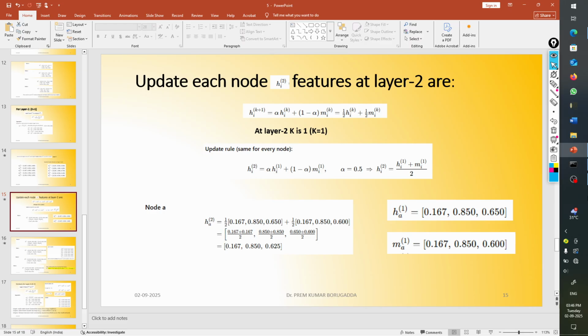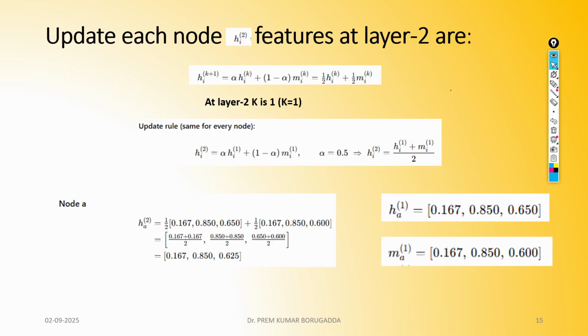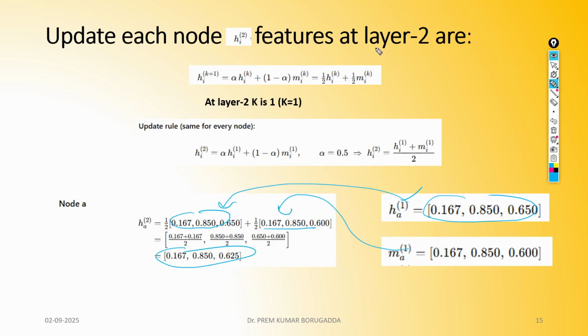In the previous slide I calculated these values, HA1, this value 0.167, 0.85, 0.65. I am taking these values here and calculating the updated value at layer 2.